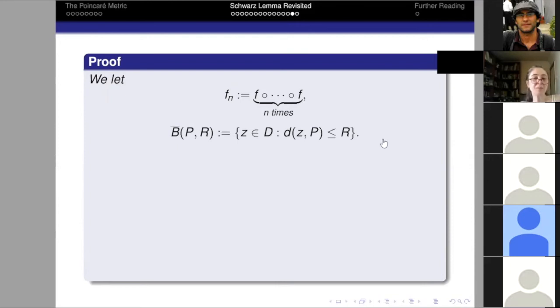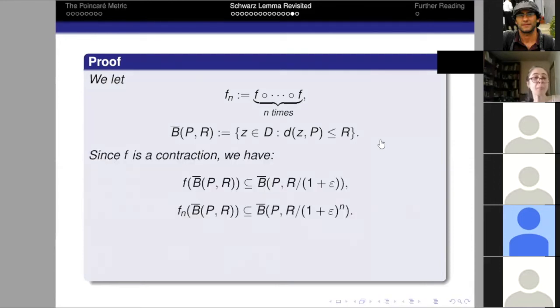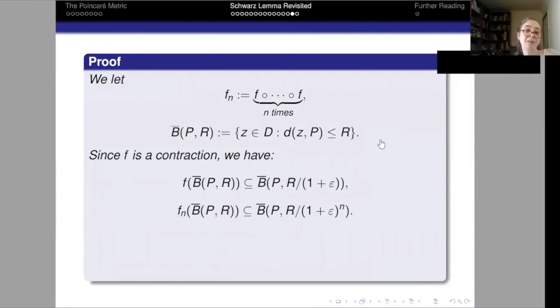We take some balls centered at P with radius R, in Poincare distance. Now F is a contraction, so the image of this ball under the map F is actually a subset of the ball centered at the origin with radius R over 1 plus epsilon.